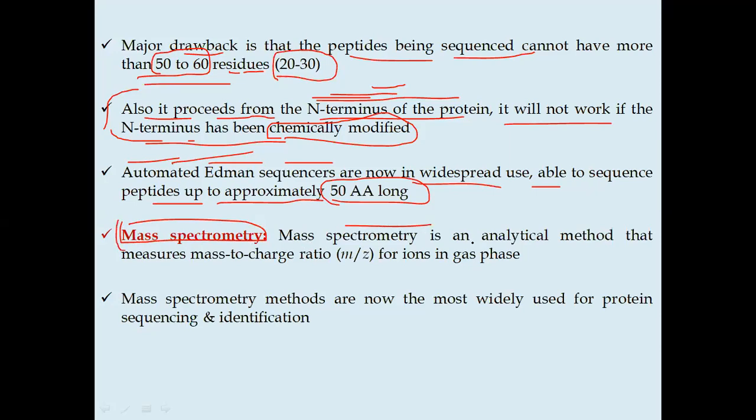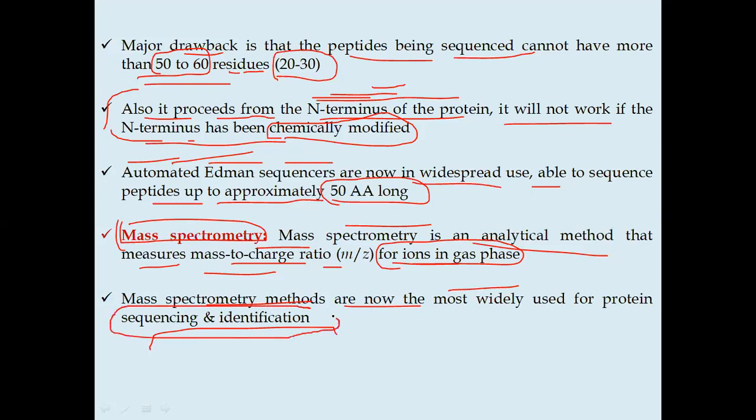Mass spectrometry is an analytical method that measures the mass to charge ratio for ions in the gas phase. It is a very widely used method nowadays for protein sequencing and identification.